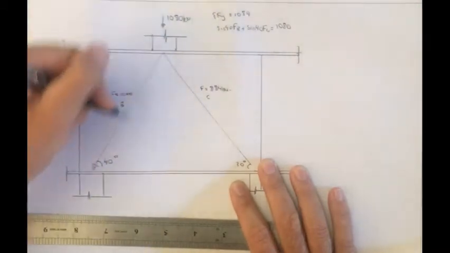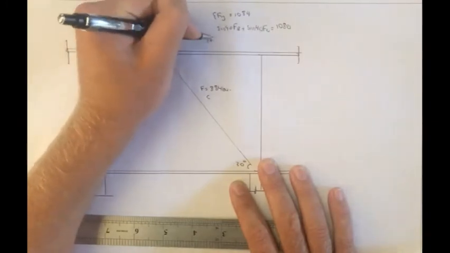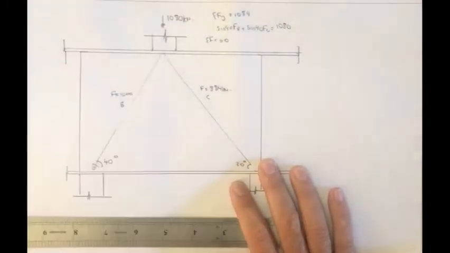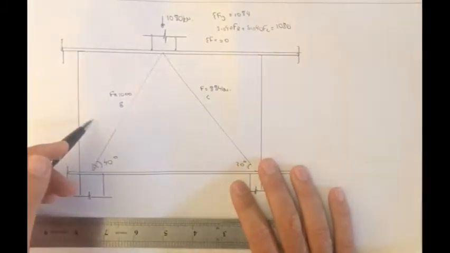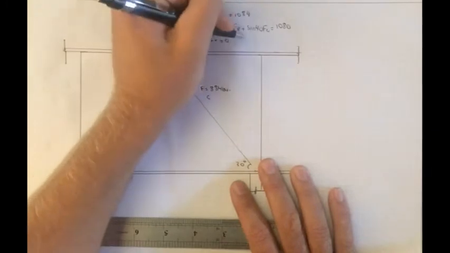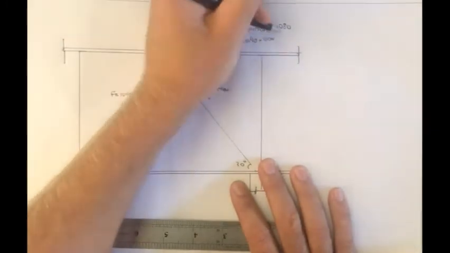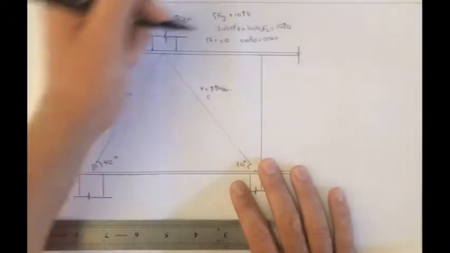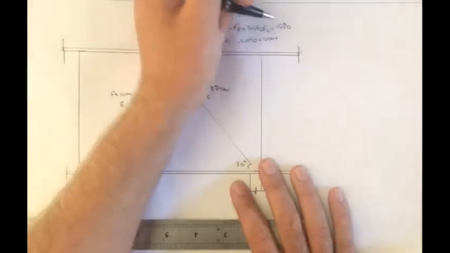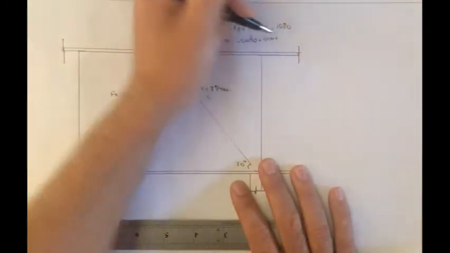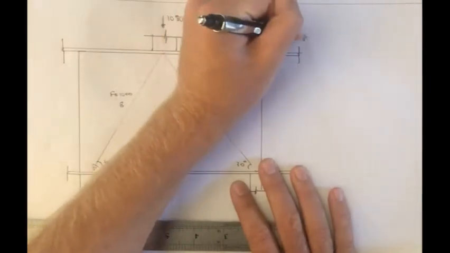And then for the tie force, we have, say, cos 40 times 1,000, plus, that's a minus because it's going in the negative direction, plus cos 30 times 884.